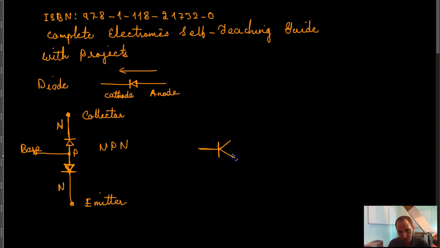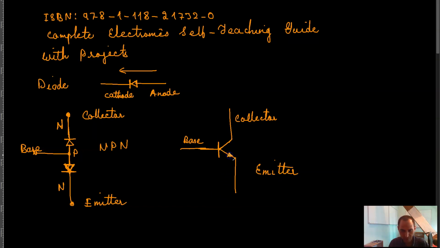There is an arrow over here, and this becomes the base of your transistor, this becomes the collector, and this becomes the emitter of your transistor, right?